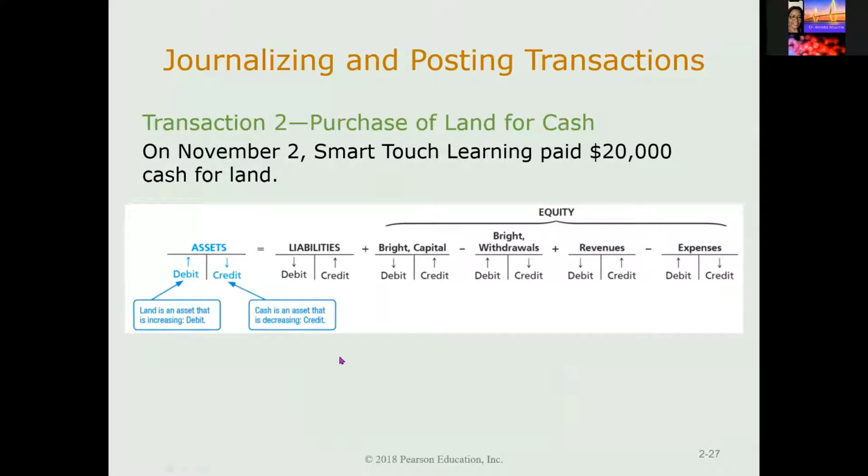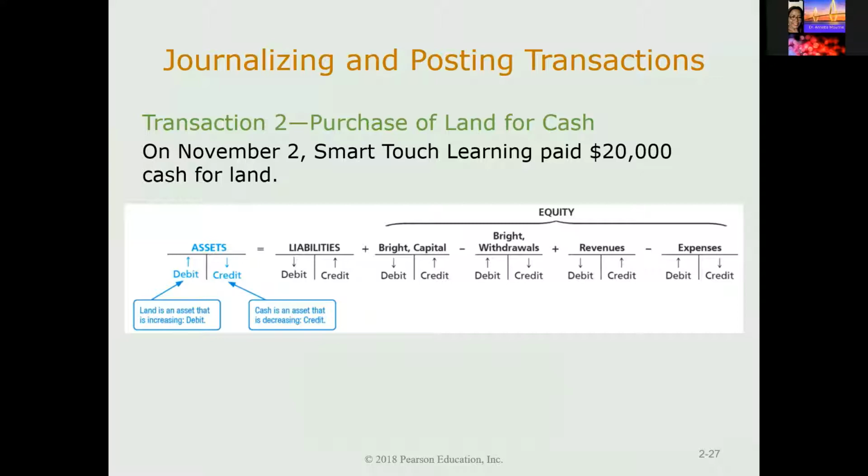The example here in transaction 2: Smart Touch Learning paid $20,000 cash for land. So in step 1, the two accounts involved are cash, which is an asset, and land, which is also an asset.